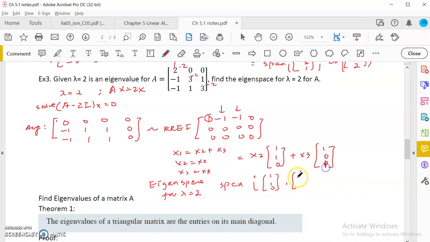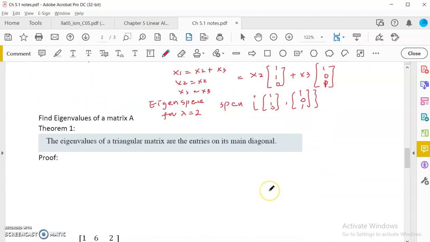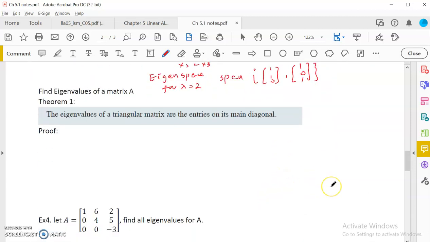Yeah, there's a typo here. 1, 0, 1, because x3 equal to 1 is here. There's no x2, so it's 1, 0, 1. Okay, so this is the eigenspace for a given lambda.